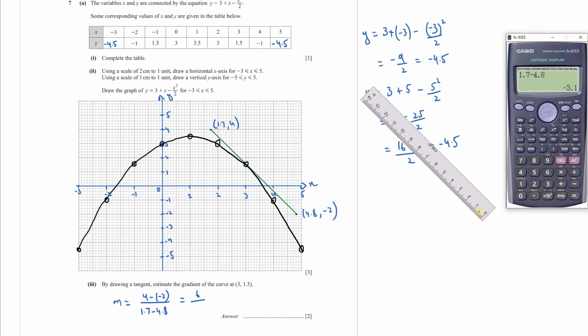So this is minus 3.1. Then 6 divided by minus 3.1 gives you 1.935. So I can write it up to three significant figures. So this will be minus 1.94. So your gradient here will be minus 1.94.